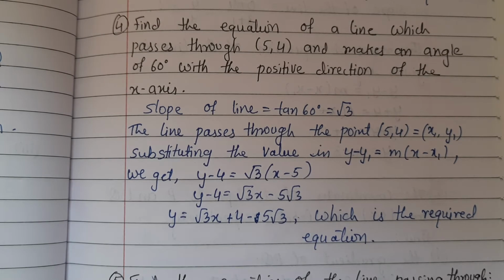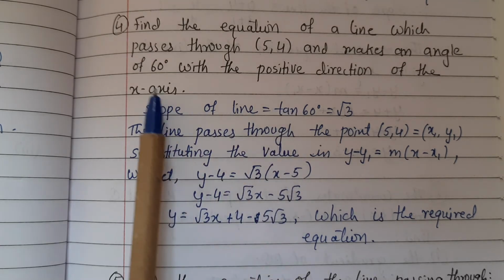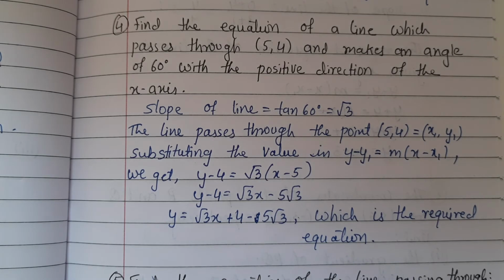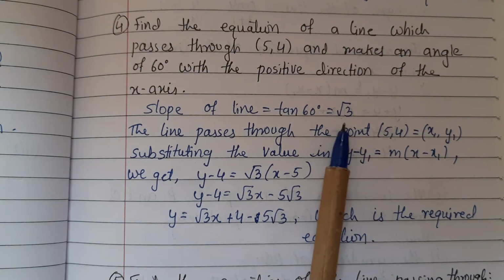Sum number 4. Find the equation of a line which passes through (5, 4) and makes an angle of 60 degree with the positive direction of the x-axis. Slope of line equal to tan 60 degree equal to root 3.